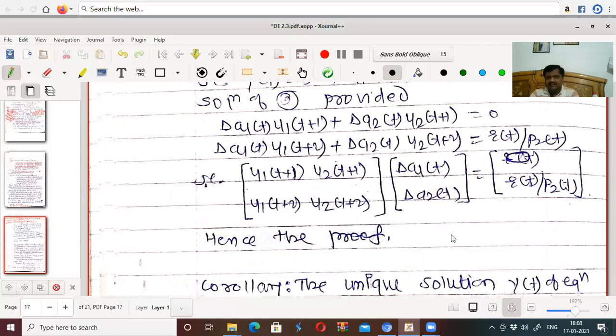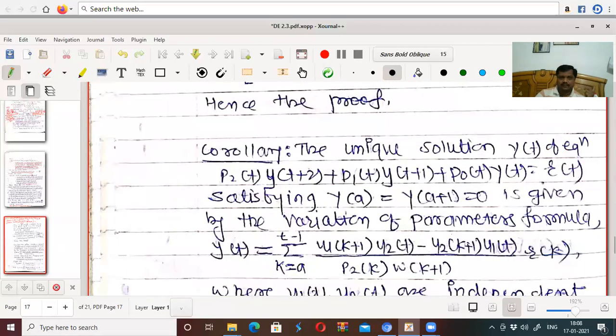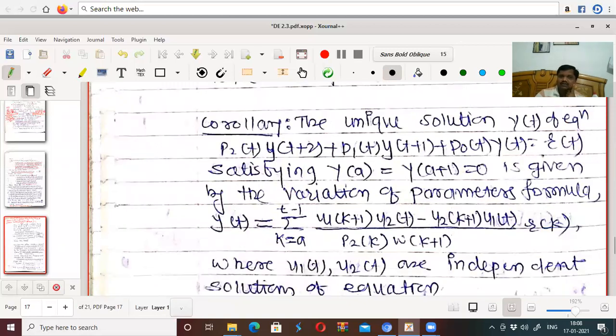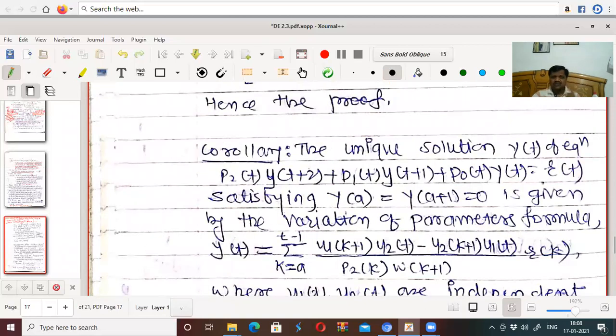Hence, if it is true for second order, it should be true for nth order also. We have one corollary from this.